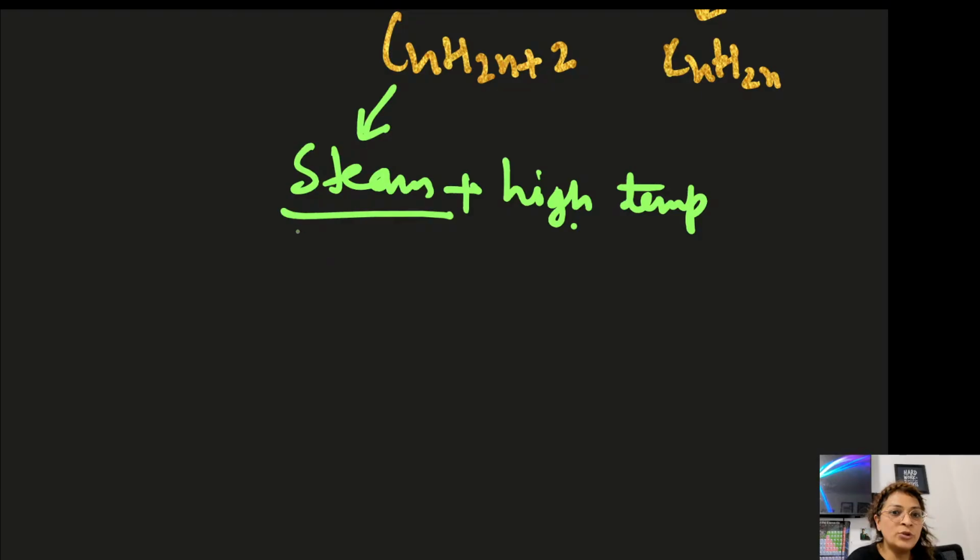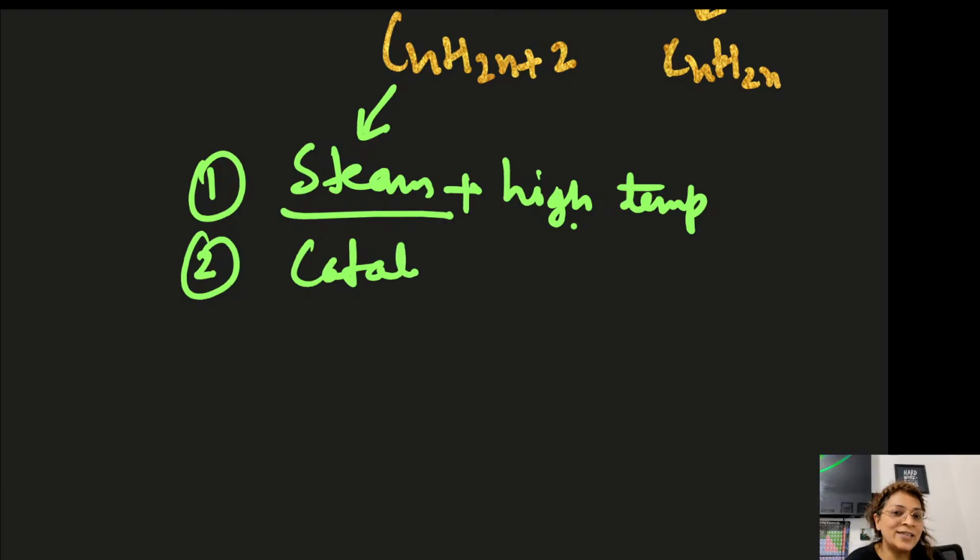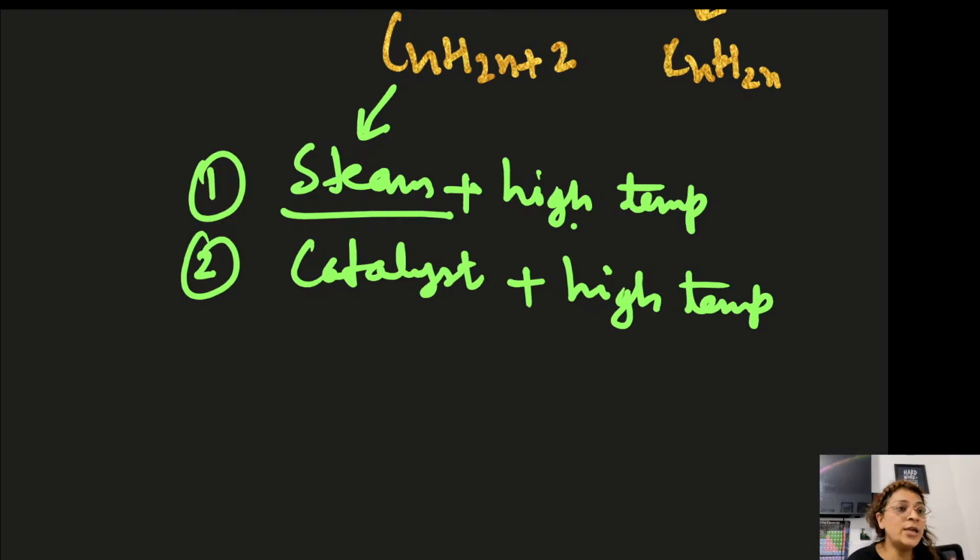And number two conditions are catalytic. Very good. A catalyst plus high temperature. You need high temperature in both of them. Well done, guys. That's your cracking, types of cracking.